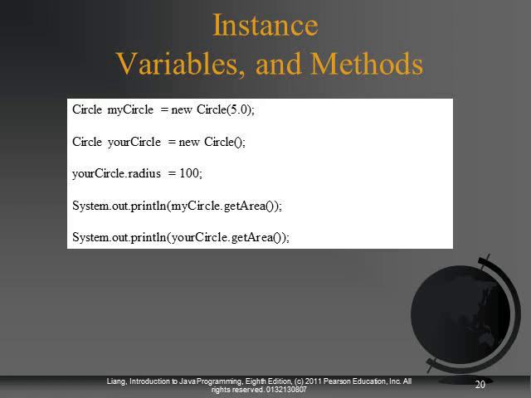That is why in the slide, the System.out statements report different areas. They are computed in the same way, but I can't ask myCircle to compute the area of yourCircle.